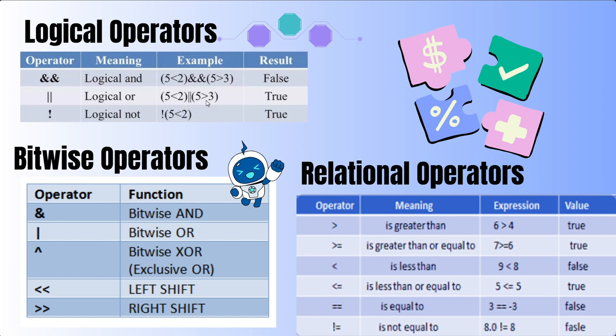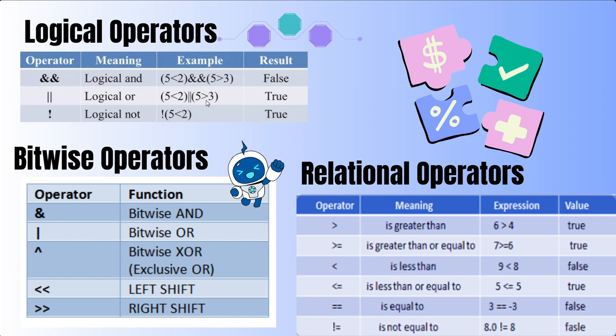So the example is, for logical and, both the expressions should be true. 5 is less than 2 and 5 is greater than 3. 5 is not less than 2, that is wrong. 5 is greater than 3, only one particular statement is right, so and will display a result as false.